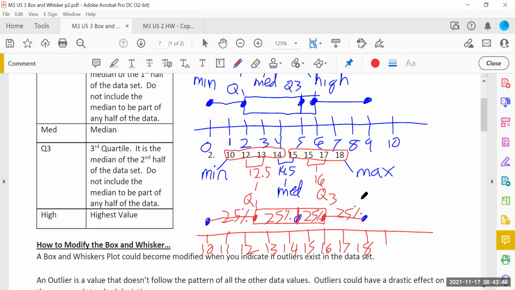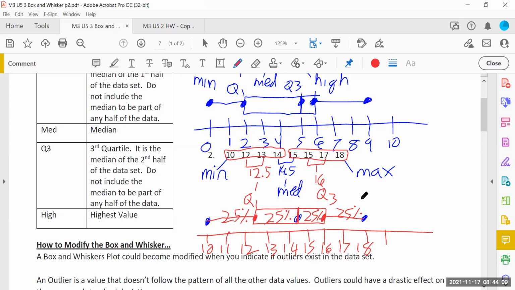So inside the box is half my data. My middle half is in the box. The lowest quarter is in the bottom whisker. The highest quarter is in the top whisker. So it's a way of representing how my data is grouped.